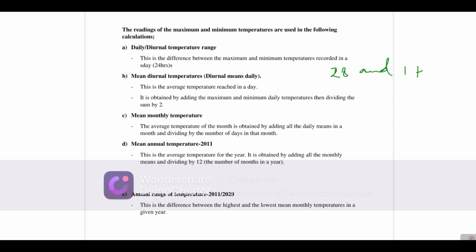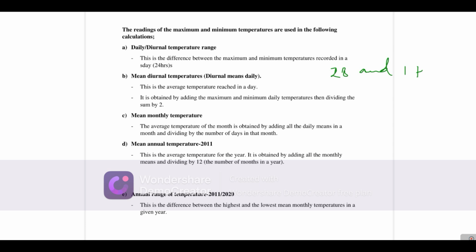So let's move to part B, mean diurnal temperature. So this is the average temperature reached in a day, and the important thing is to know how it is being calculated. It is obtained by adding maximum and minimum daily temperatures, then dividing by 2, because we are talking about the mean daily temperature.